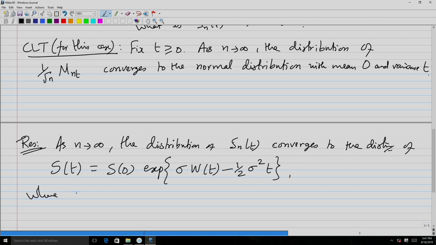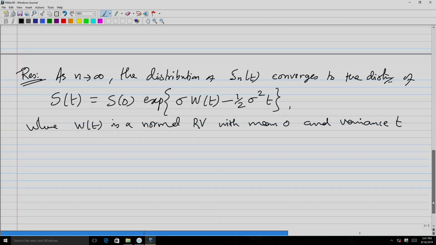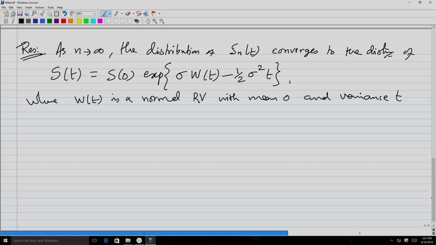where this W_t is a normal random variable with mean 0 and variance t. Okay. So, this is what we can show.